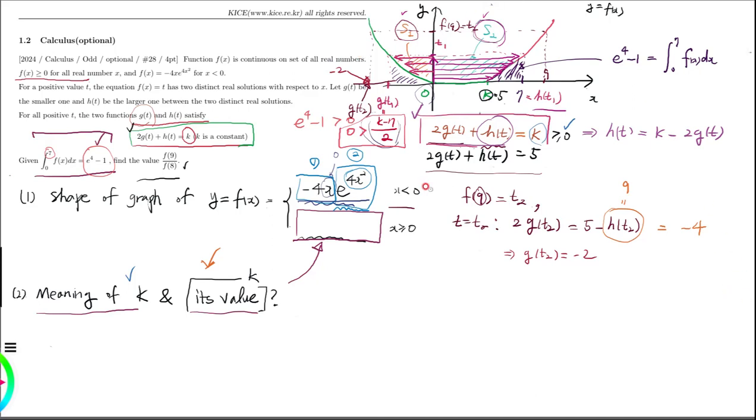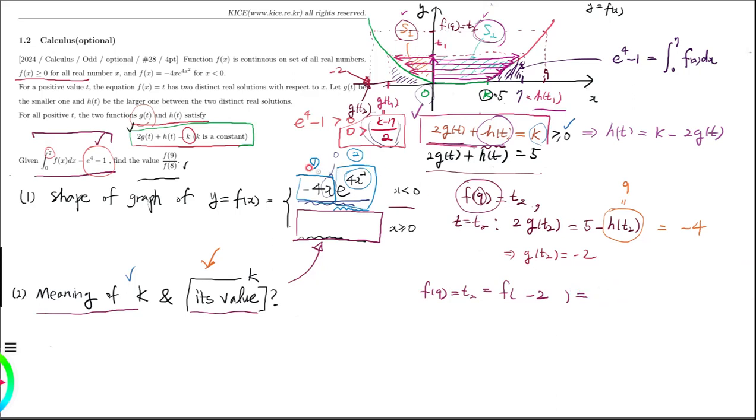So what does it mean? The value of f of 9, which is t2, is equal to its negative solution, which is negative 2, f of negative 2.